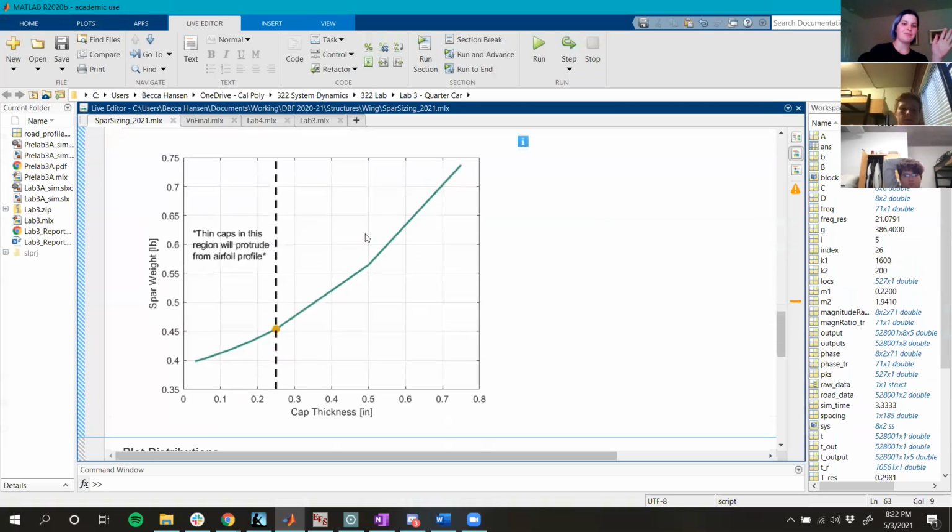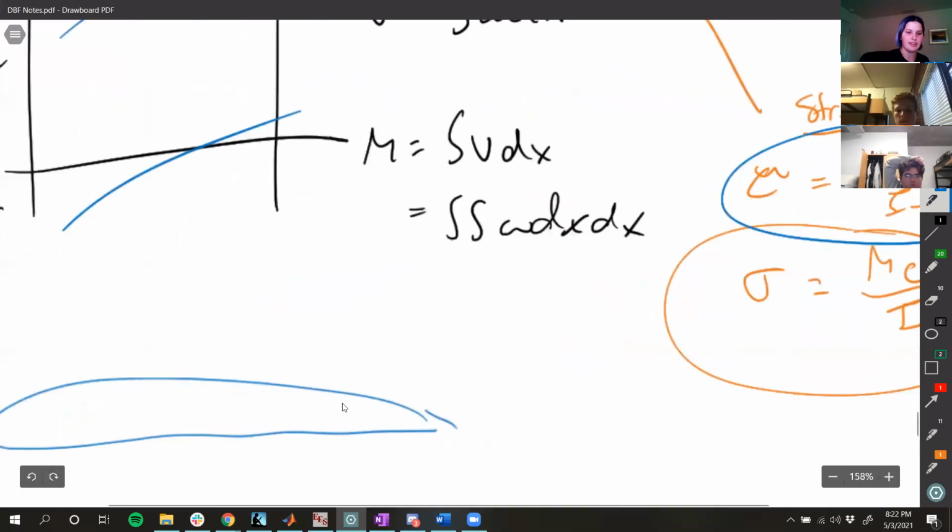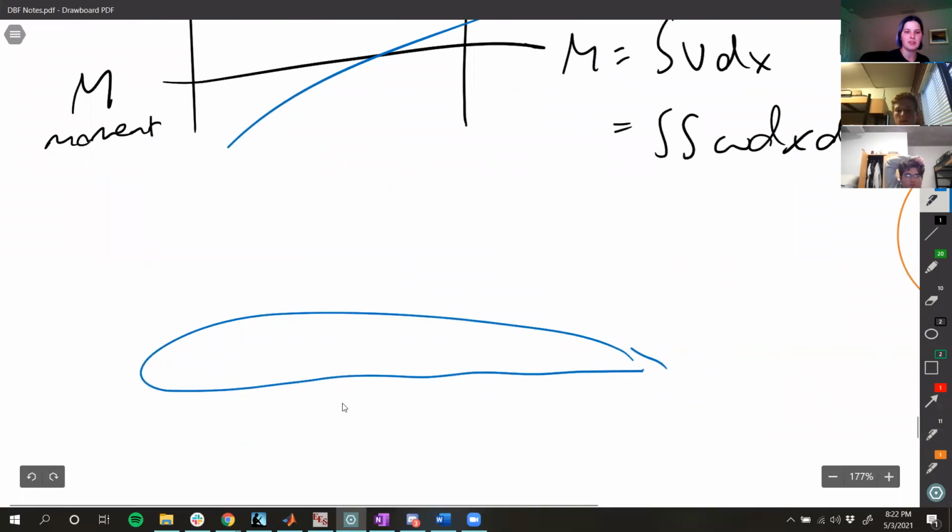So for weight, it wants you to have an infinitely thin thing, but then you would protrude out from your airfoil. So you've got your airfoil, and you want to place it at the thickest point, because of what we were saying. It looks all right there.